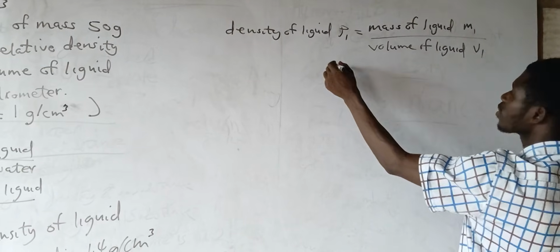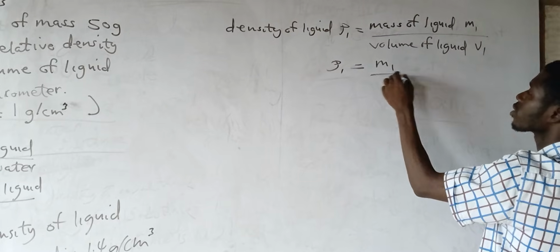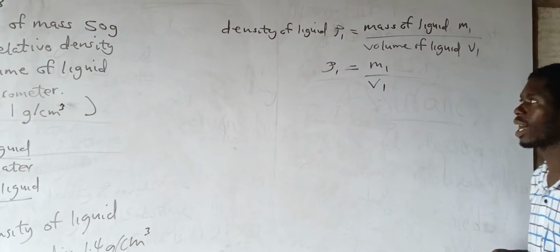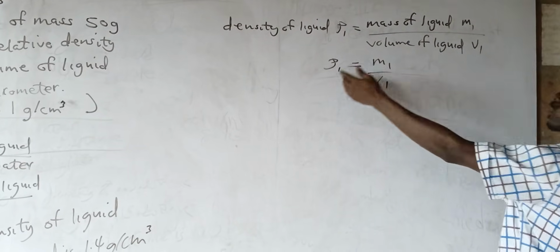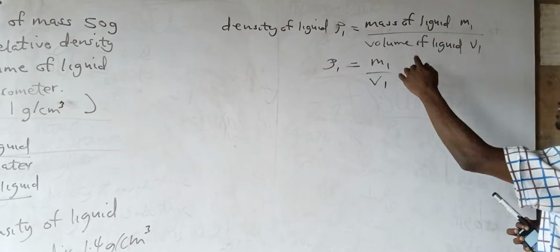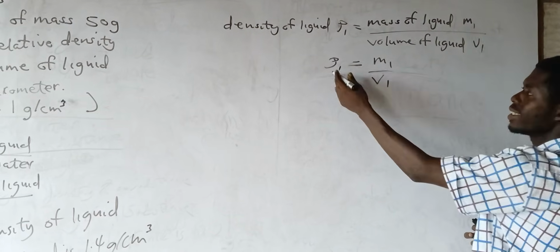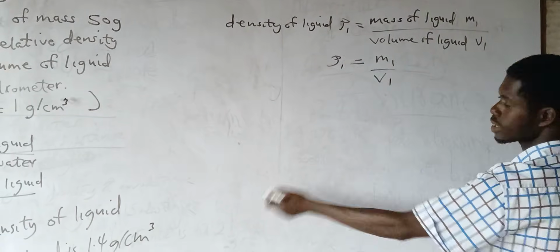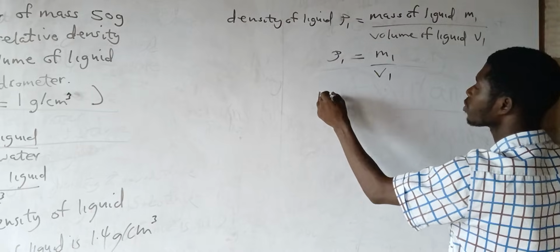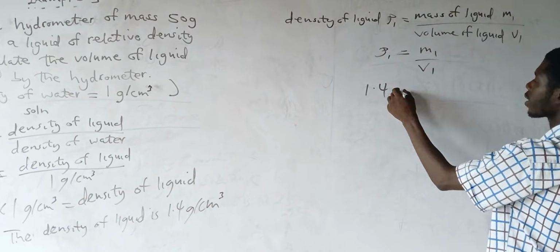This one is the density of the liquid. We already know the answer for that: 1.4 gram per centimeter cube.